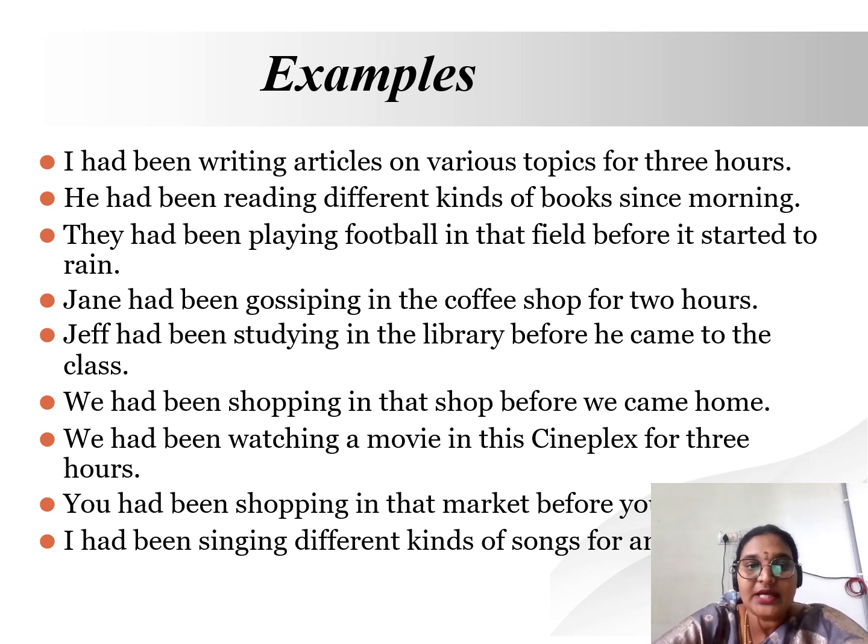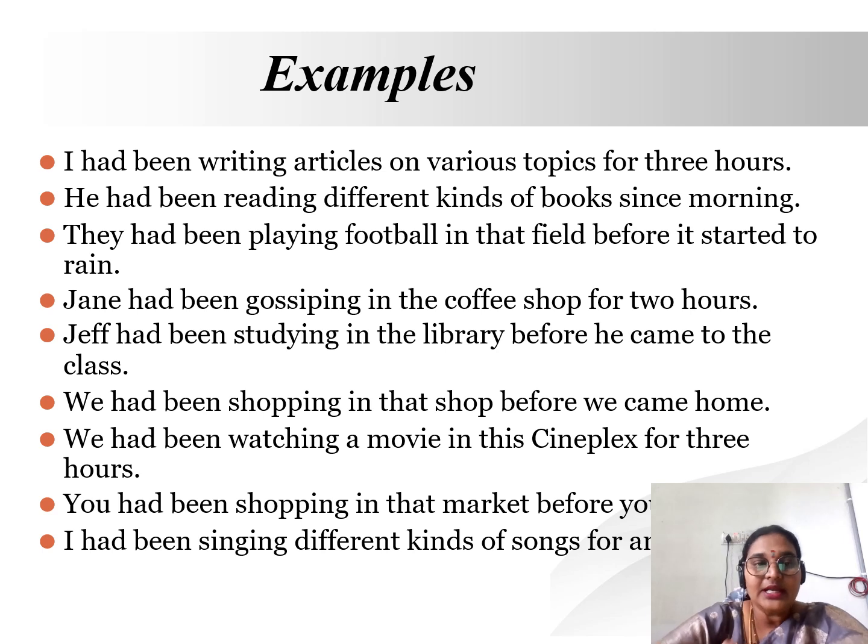And if you can see another example, he had been reading different kinds of books since morning. They had been playing football in that field before it started to rain. Jane had been gossiping in the coffee shop for 2 hours. Jeff had been studying in the library before he came to the class.